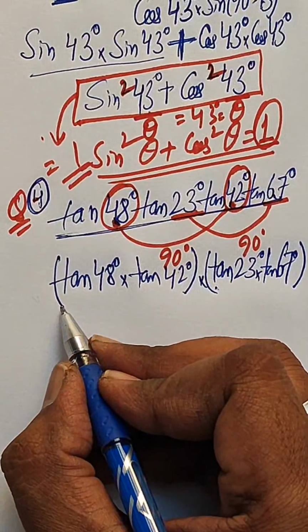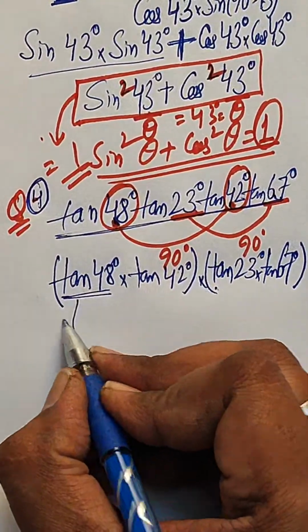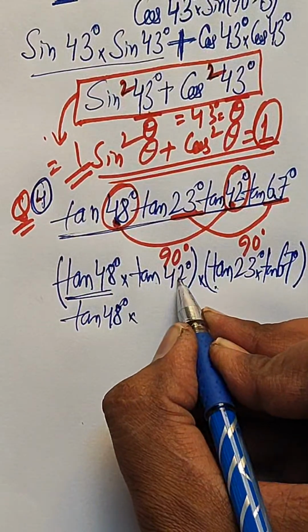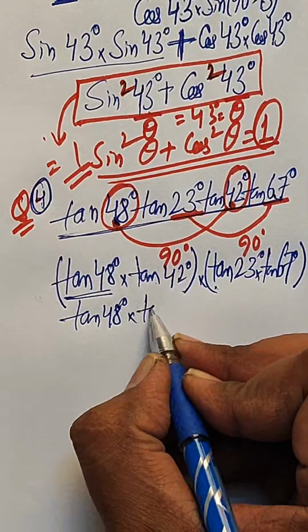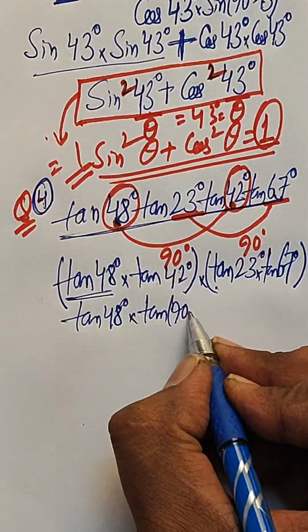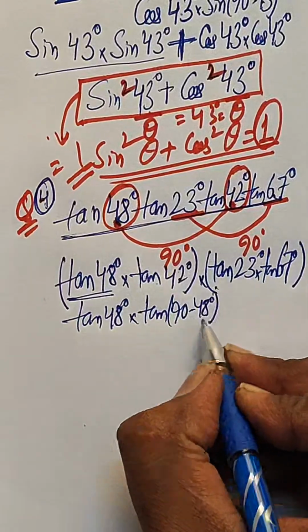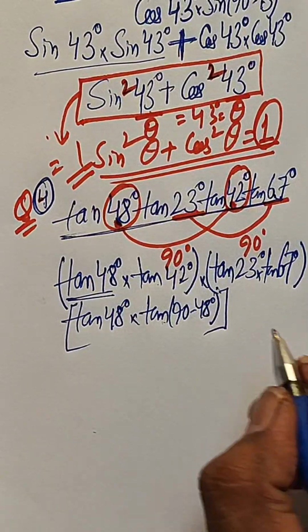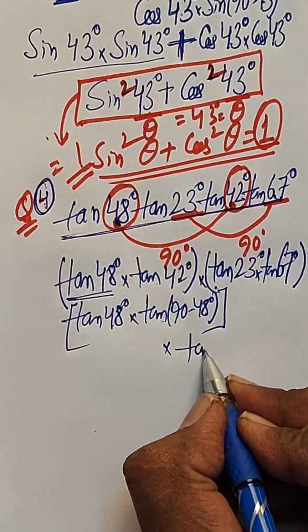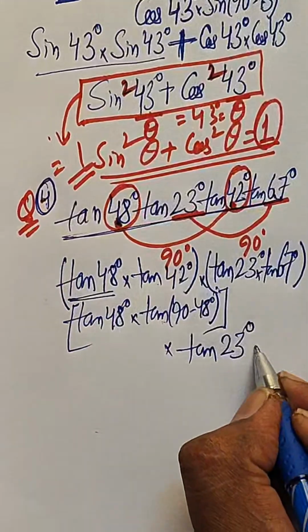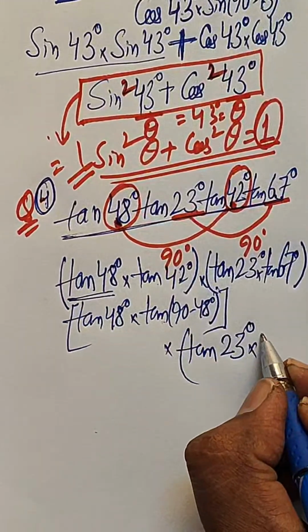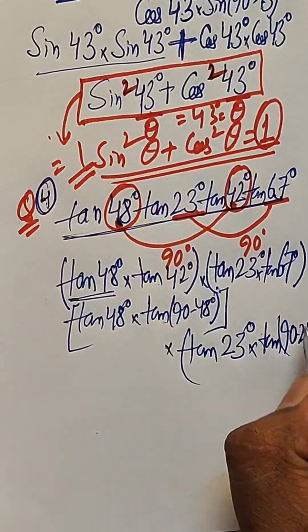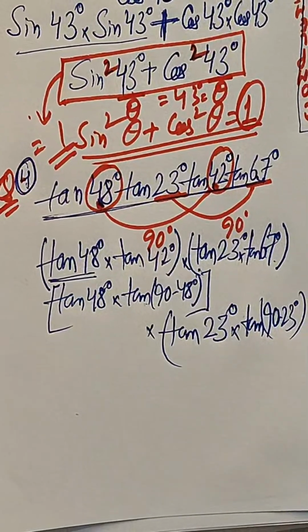The benefit of that is tan 48, keep it as it is and convert the other angle into its complementary. So it becomes tan 90 minus 48, multiplied with tan 23, multiplied with tan of 90 minus 23, which is equal to 67 degree.